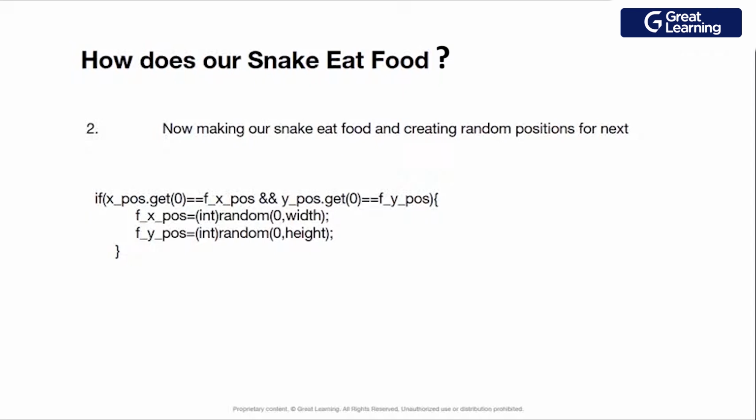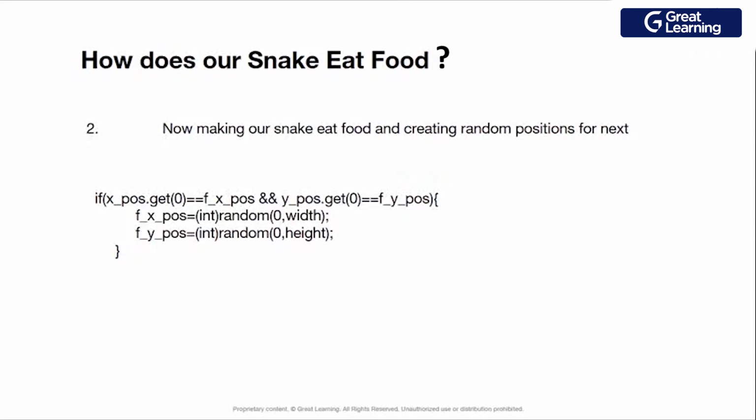That means it will be added to that array, and then we will create a random food with the help of the width and height that we used earlier, the 24 and the 24. We will create some random position and put it on the screen.